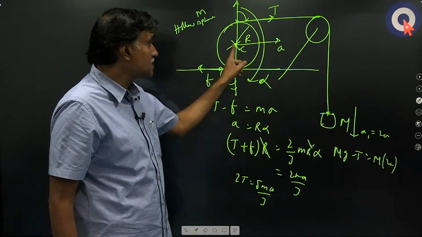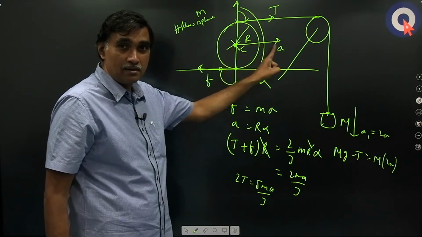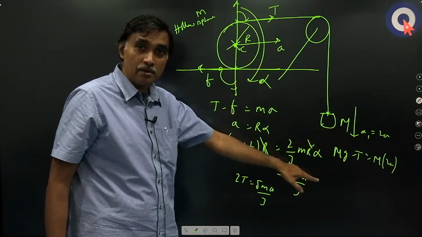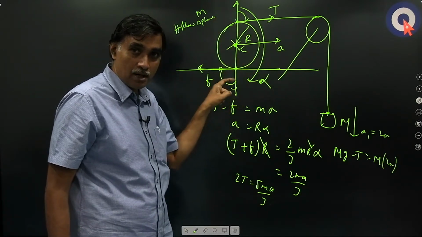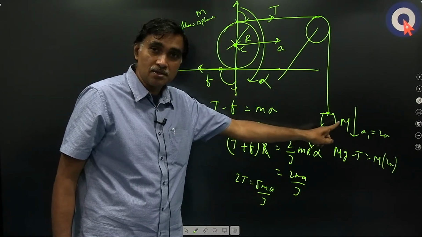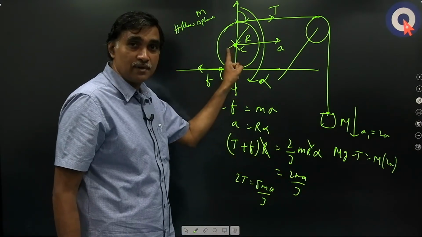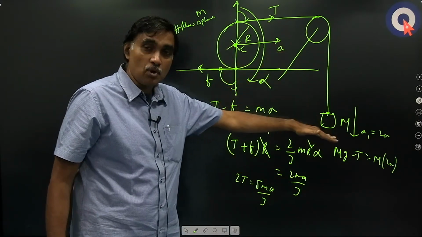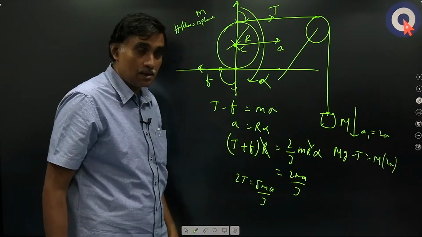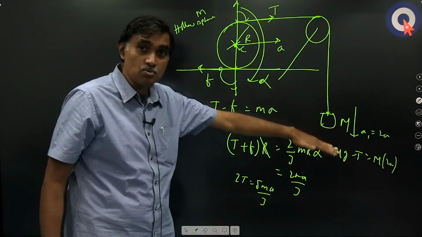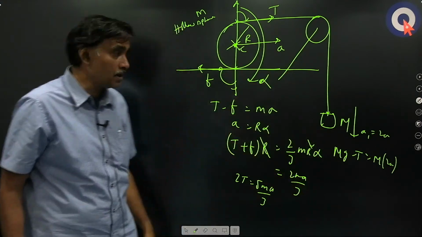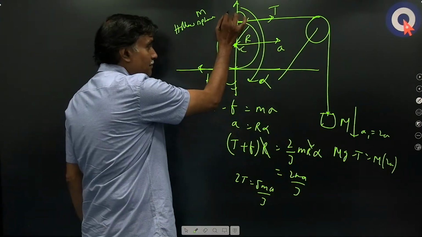If acceleration of this center of mass of this sphere is a, then its acceleration is 2a. If velocity of center of mass is v and angular velocity of this sphere is omega, then velocity of this block is 2v. So if center of mass of this sphere moves by x, this block should come down by 2x. And after moving by x, if its center of mass has acquired a velocity v, this block should acquire a velocity 2v. Okay. Now we consider these two as system.